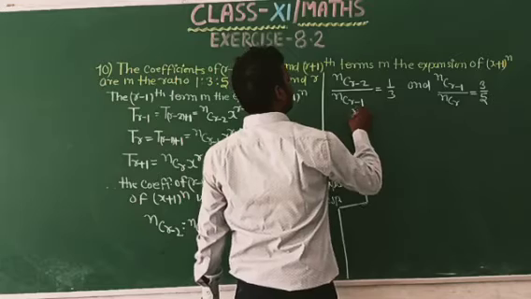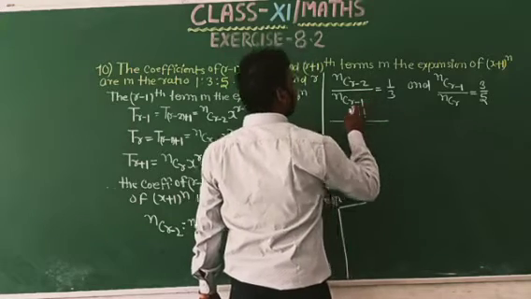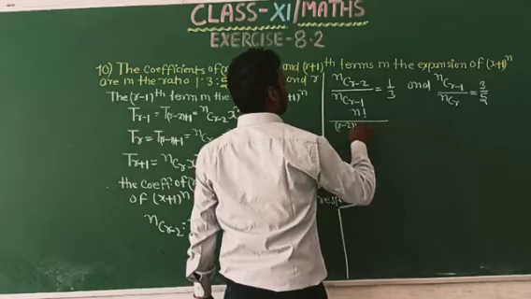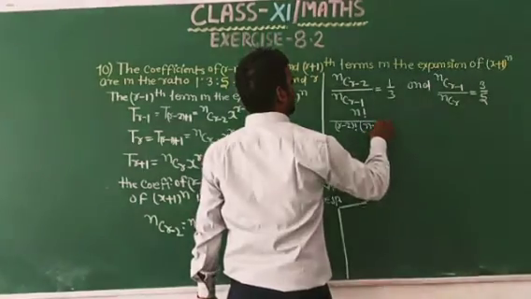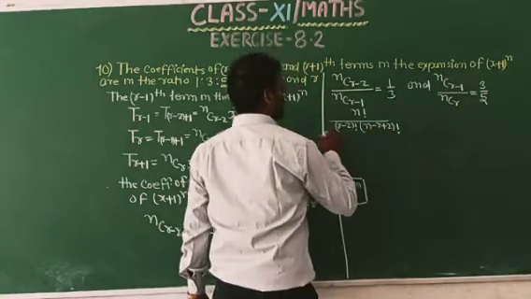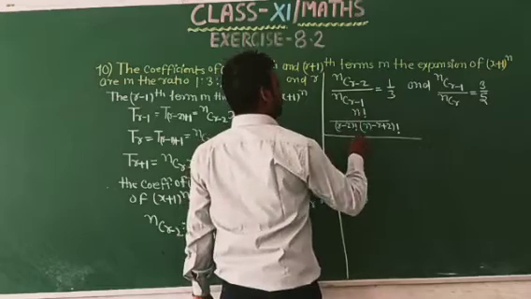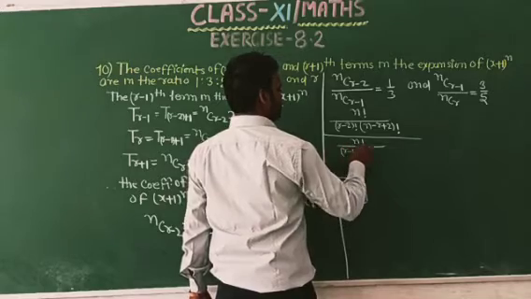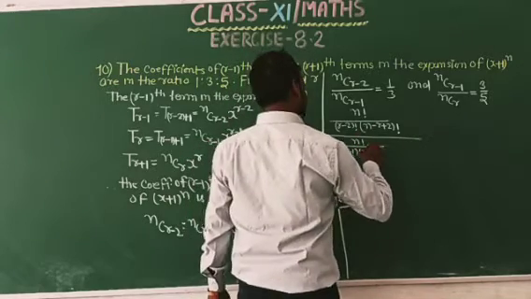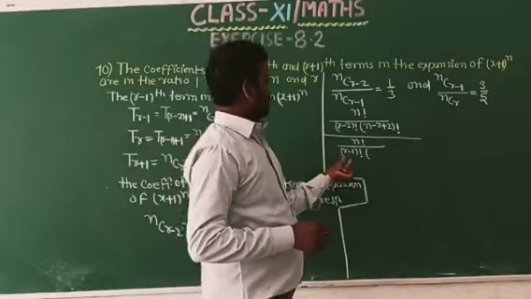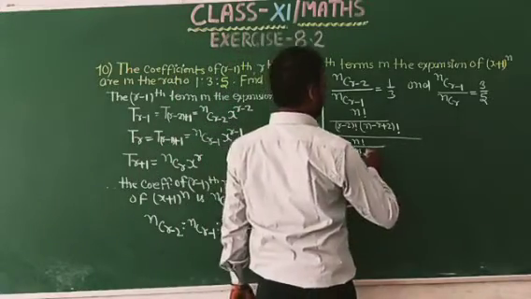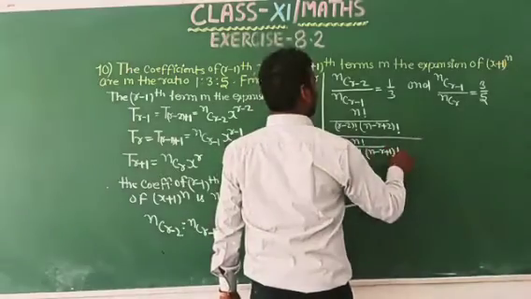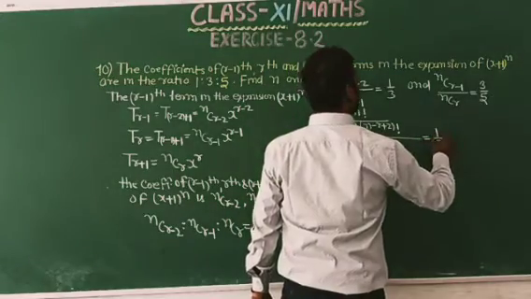So this is factorial n by (r minus 2) factorial and (n minus r plus 2) factorial, whole divided by factorial n upon (r minus 1) factorial into (n minus r plus 1) factorial, equal to 1 by 3.